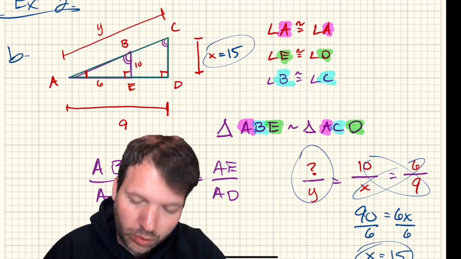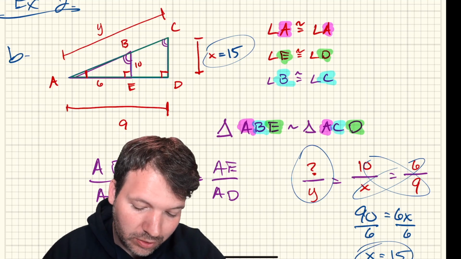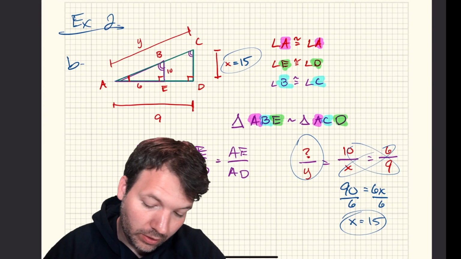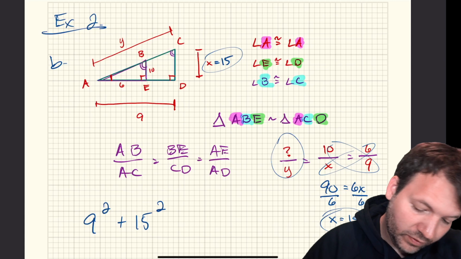If they only want us to find y at this point, you might notice y was in a relationship with a question mark, so we can't actually use proportionality to find y, but because these are right triangles, we can use the Pythagorean theorem. So we can say 9 squared plus 15 squared.